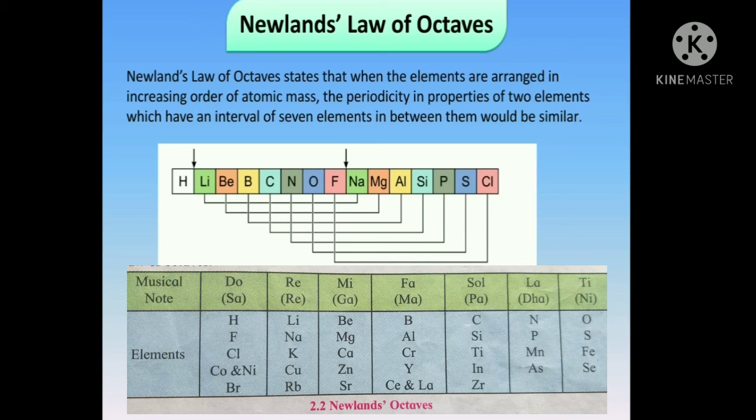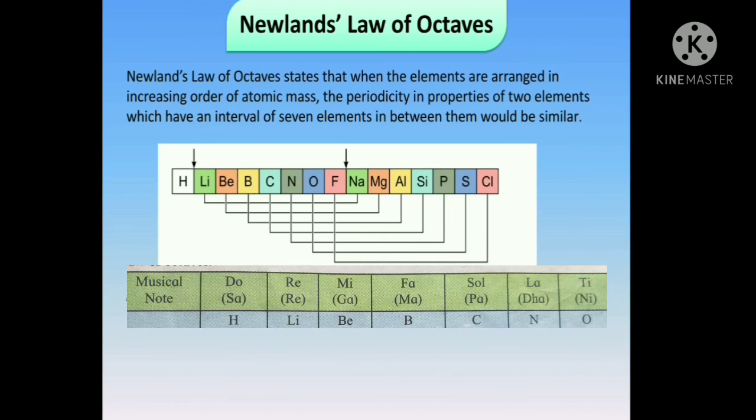In this way, Newland tried his octave. Newland's law of octaves states that when the elements are arranged in the increasing order of atomic mass, the properties of two elements which have an interval of 7 elements between them would be similar. This is called Newland's law of octaves.